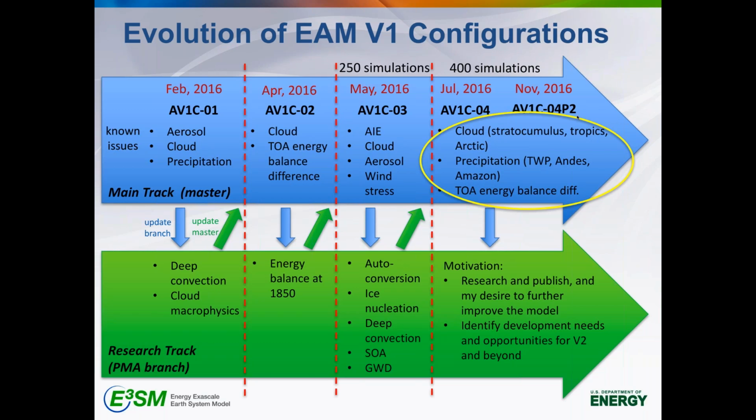And in the tropics, the cloud features are not good enough, and the Arctic clouds are also not good enough. And we don't have enough precipitation in the tropical Western Pacific, and we have a low bias over Amazon, and we have a high bias on high elevation.